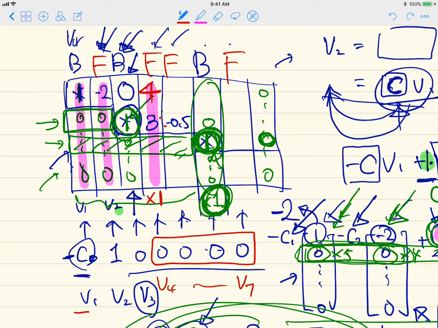Okay, and then we have to cancel this vector out into a 0 vector. So how can we manipulate the previous vectors so that we can cancel out that vector? So we have 4 here, right? And then we have 1 here, which has our pivot, right?